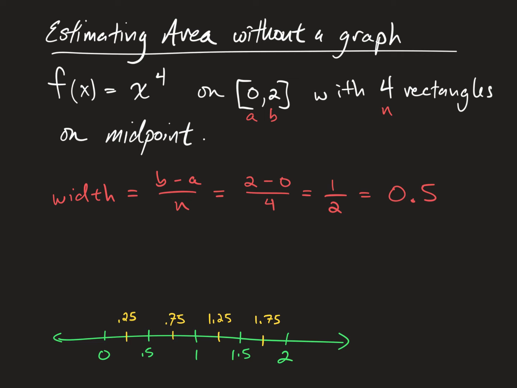So why do we need the midpoints? Because these values are what we're going to use to find the heights of each of those rectangles. So essentially what I have to do now is go back to f of x, or the function, and substitute 0.25 in for x, substitute 0.75 in for x, substitute 1.25 in for x, and 1.75 in for x.